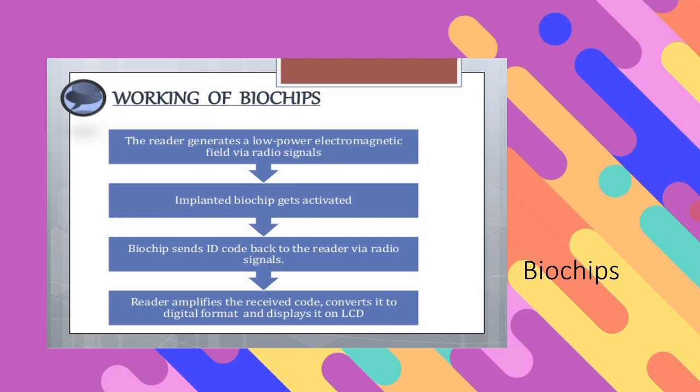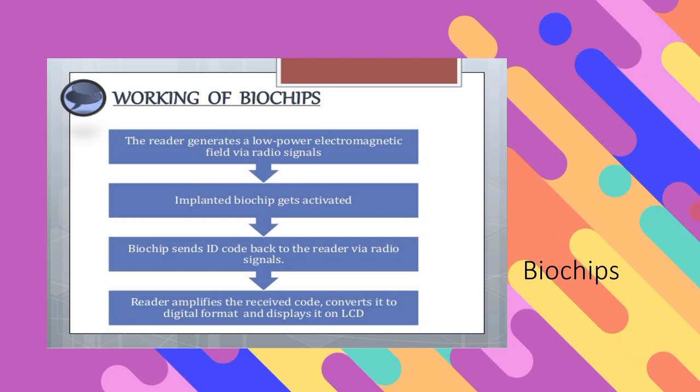The biochip will work like that once inserted. So how is our biochip getting activated? With the help of the reader. The reader generates the low power electromagnetic field with the help of the reader coil, via the radio signals, and that will activate the biochip implant.